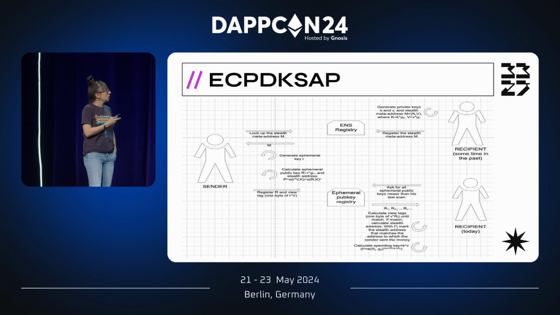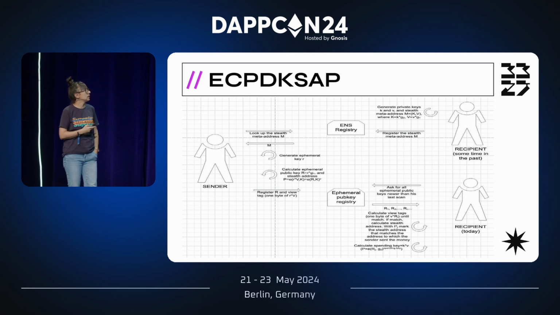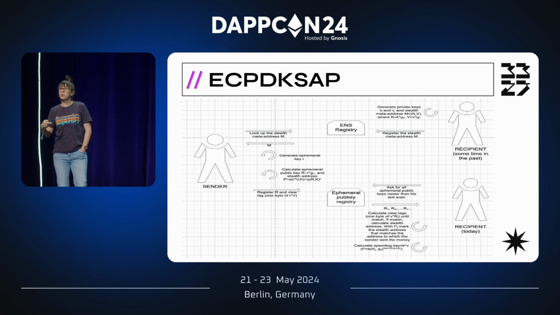So she will pair the results of multiplying her private key with this public viewing key and the public key of Bob that is in this registry. So she can calculate this public key in this way. After that, she will add her public key in this ephemeral public key registry, and of course the viewing tag like we had before.